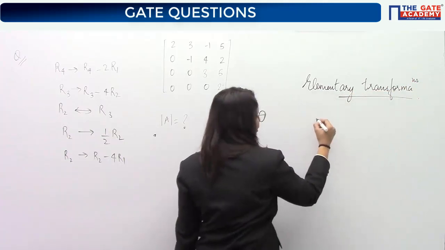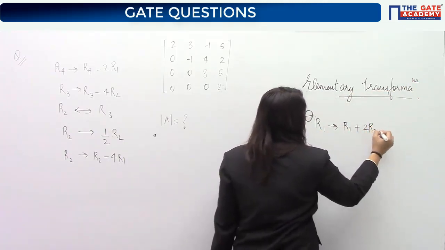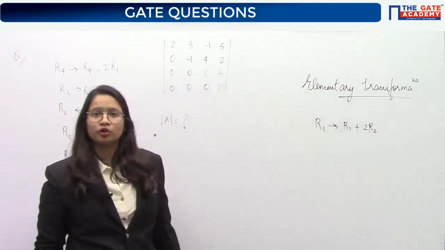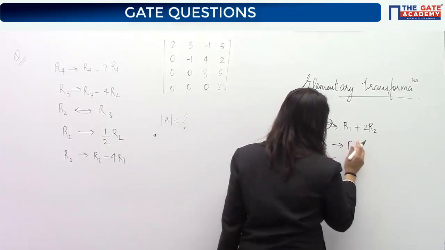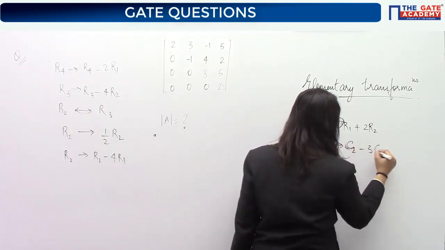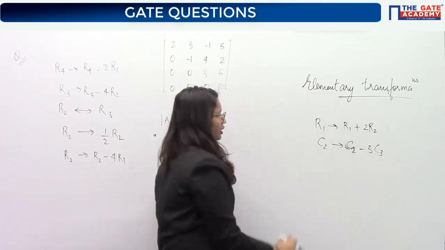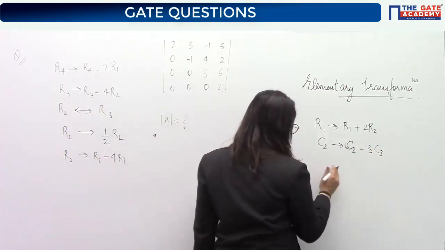I am giving an example: if you are adding a multiple of a particular row to another row, or adding a multiple of one column to another column, like C2 minus 3C3, these are elementary operations.